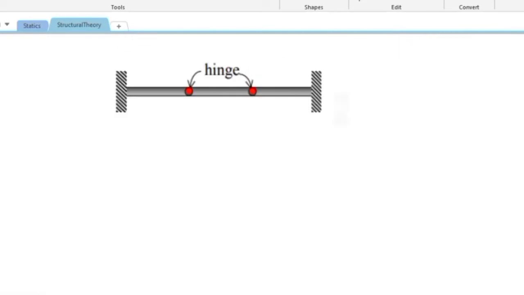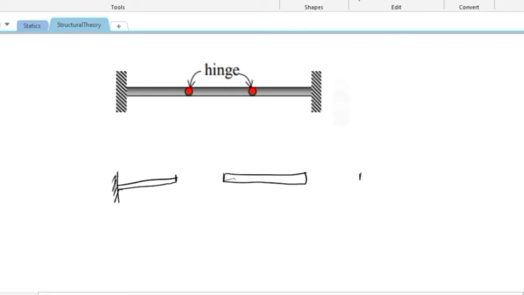Okay. So, ang gagawin natin dito ay isolate ulit natin yung mga members natin. Kung i-isolate natin yung mga members natin, so we can see here our reactions. Dito, we have a fixed support, so meron tayong tatlong reactions dito.